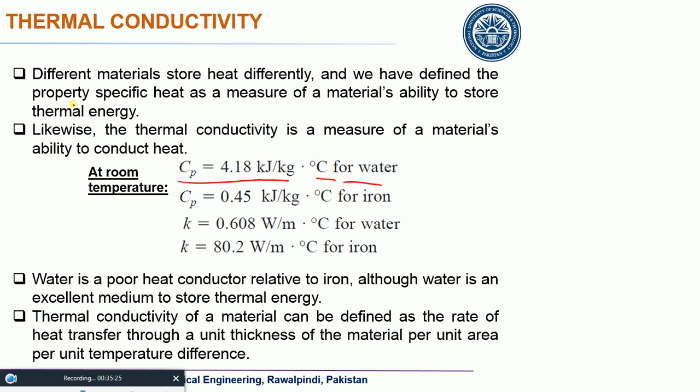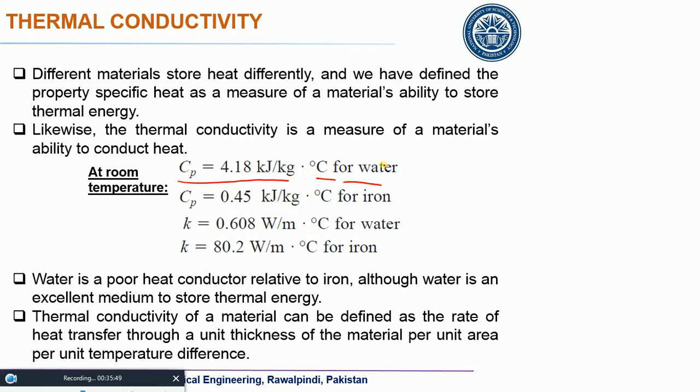One property gives you information about the conductivity, how well the material can conduct heat from one point to the other. The other property gives you information on the storage capability of the material. So a few materials can be good at storing heat and a few materials can be good at conducting heat.